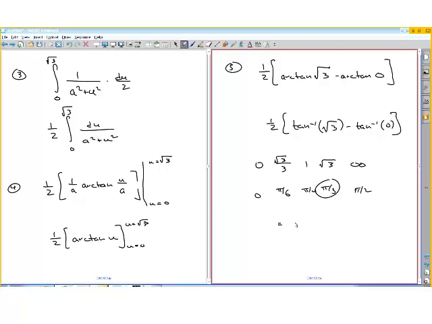And so you plug those in, and you get 0.5236. You get 1/2 times pi divided by 3, and if you take 0.5 times pi divided by 3, you get 0.5236, which is exactly what I got just plugging into the calculator.